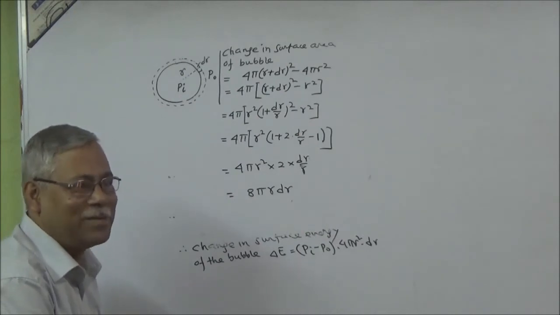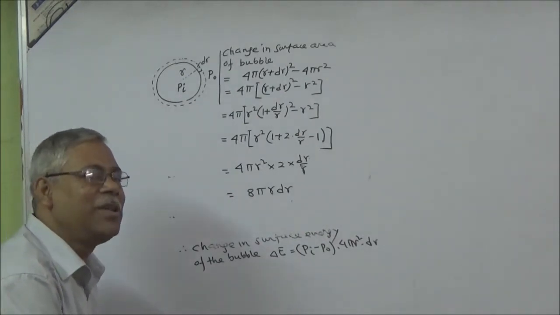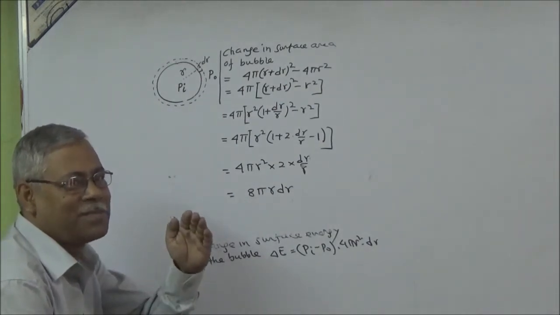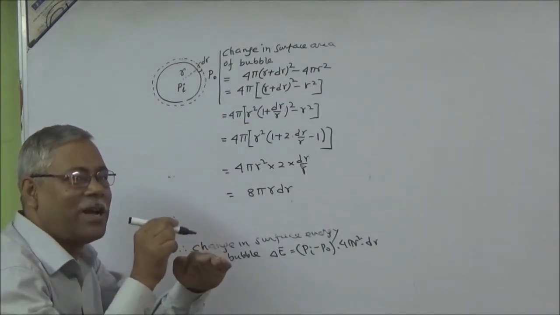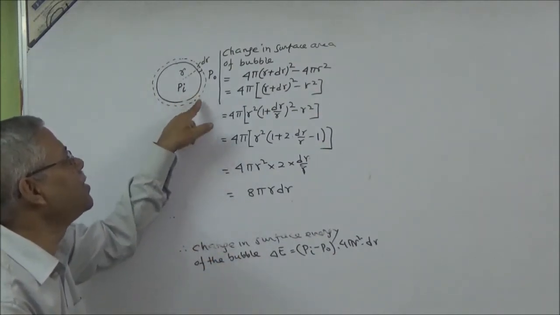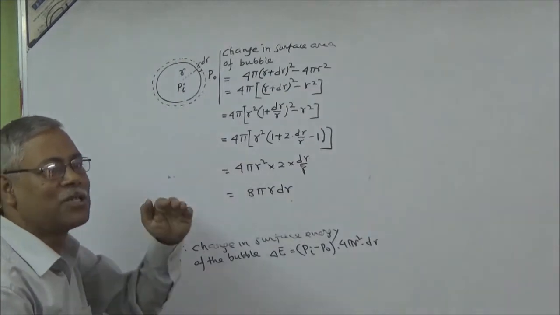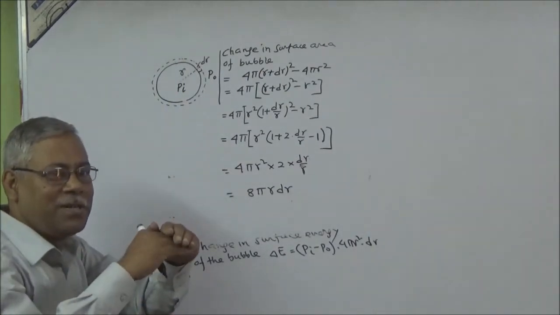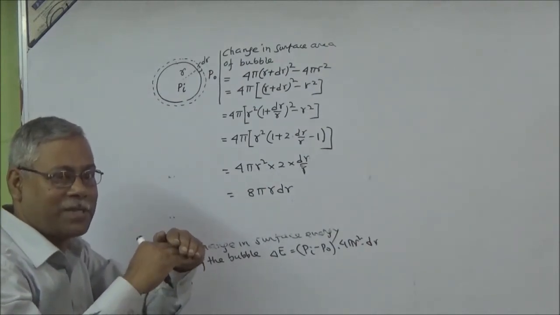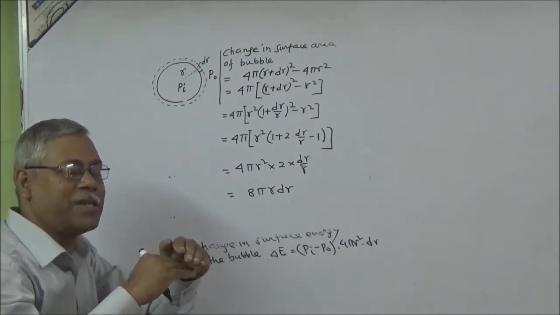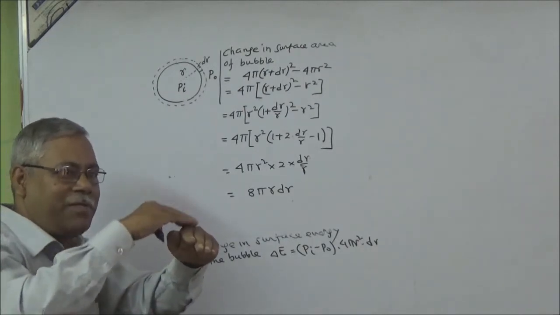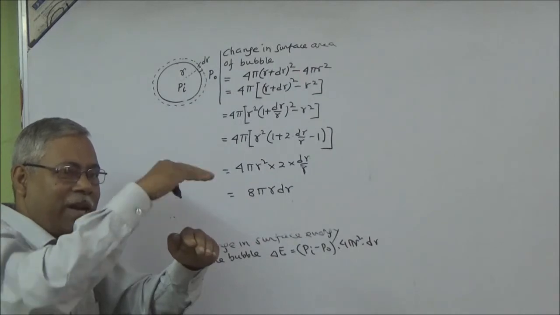Two times this. Always think about the writable area of a paper: you can write on this side, you can write on the opposite side. So the increase in this soap film bubble, it has two surfaces. By surface we understand actually interface. How many interfaces does it have? Two. Outside there is one interface, soap film air interface.